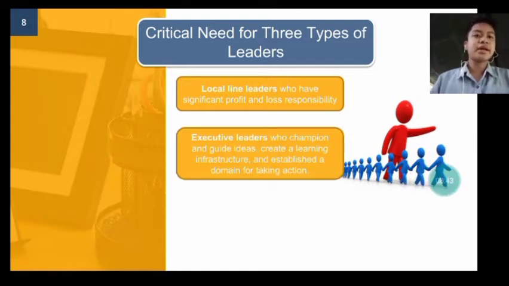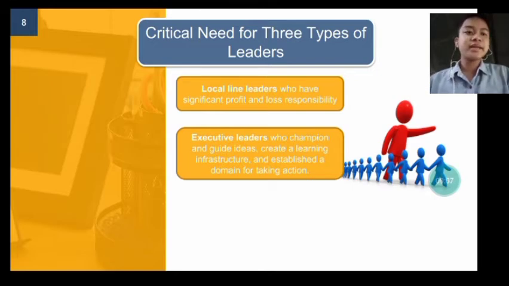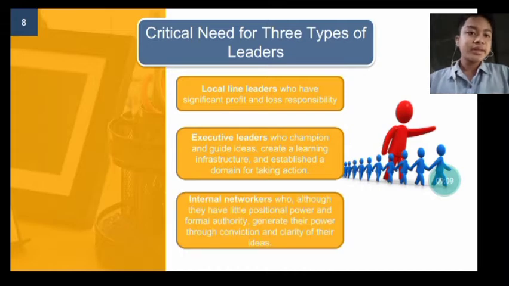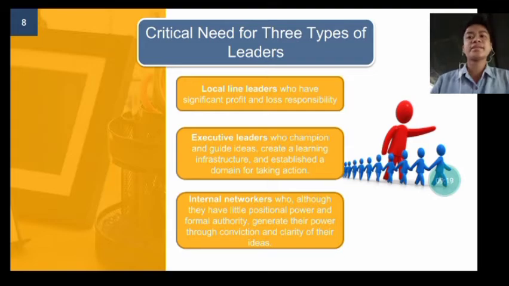Second, we have the executive leaders who champion and guide ideas, creating a learning infrastructure and establishing a domain for taking action. Then lastly, we have the internal networkers who, although they have little positional power and formal authority, generate their power through conviction and clarity of their ideas.